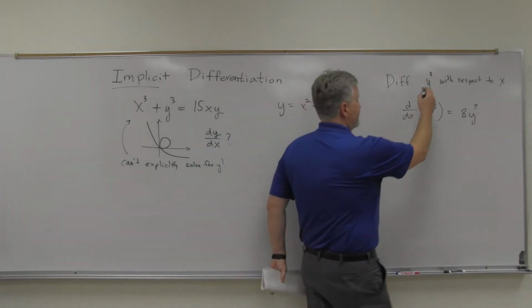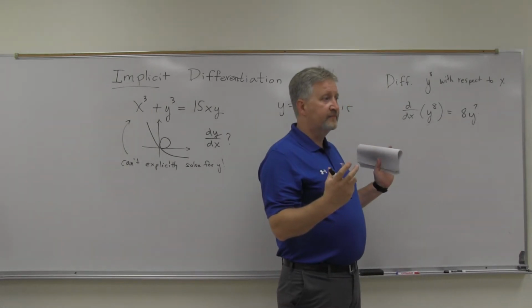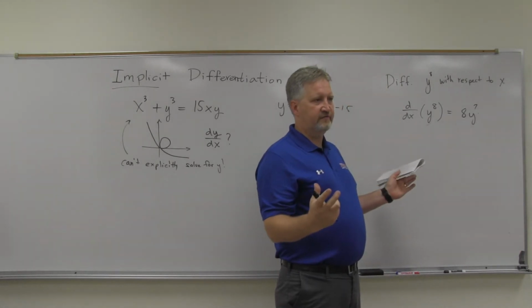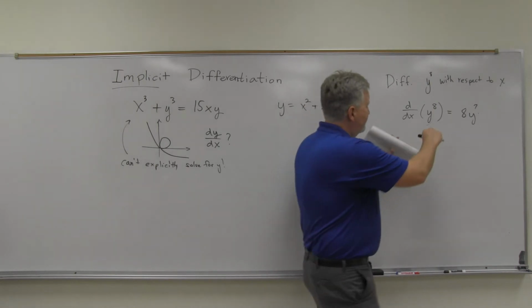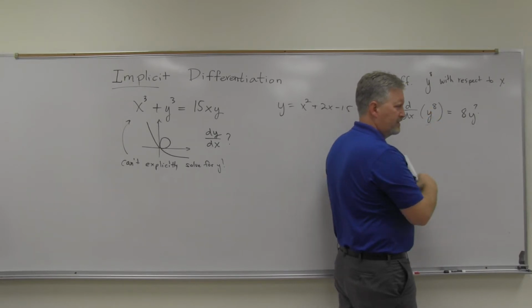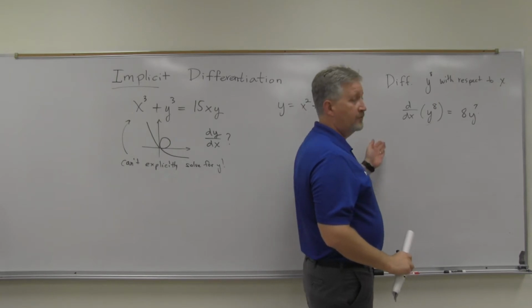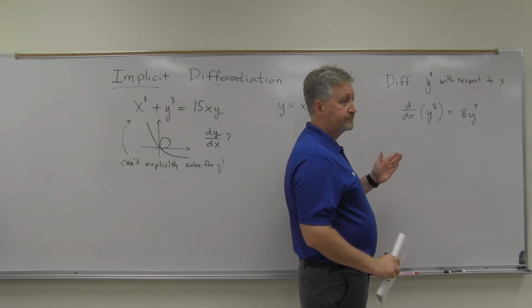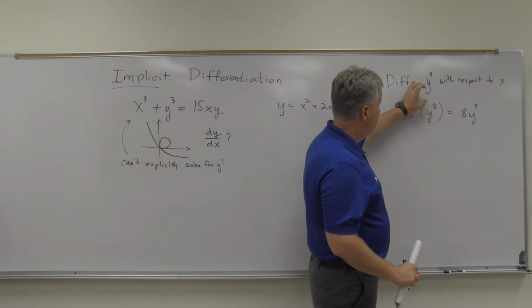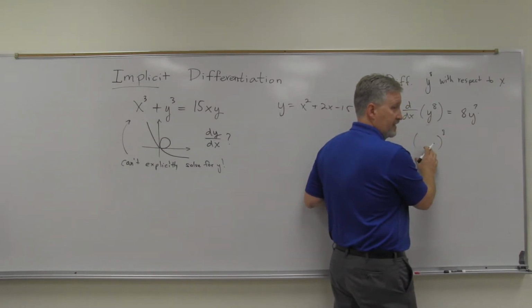Remember what we said, this y is something in terms of x. So in other words, I've got something on the inside here. You see what I'm saying? The y, I don't know what it is, but I've got something, the y, on the inside.